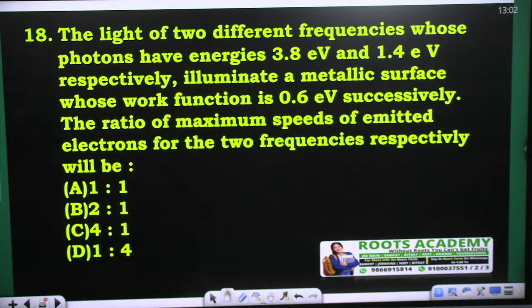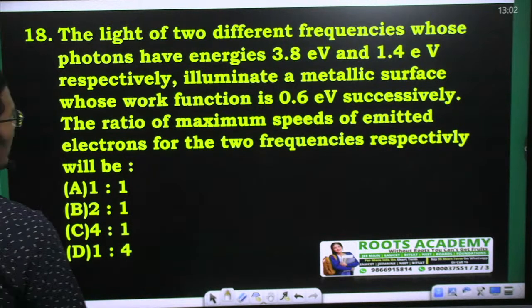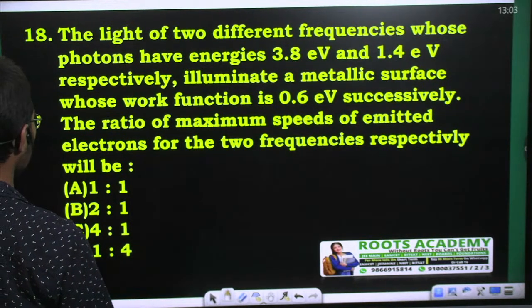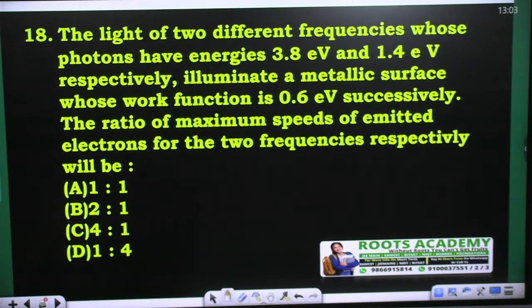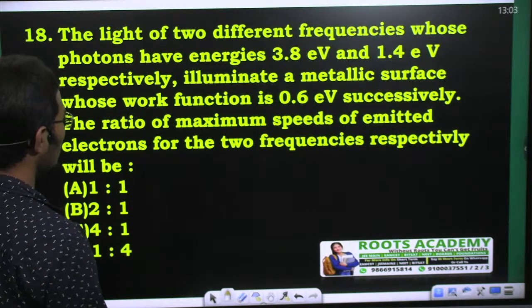A light of two different frequencies whose photons have energies 3.8 electron volts and 1.4 electron volts respectively illuminate a metallic surface whose work function is 0.6 electron volts successively. The ratio of maximum speeds of emitted electrons for the two frequencies respectively will be dash.